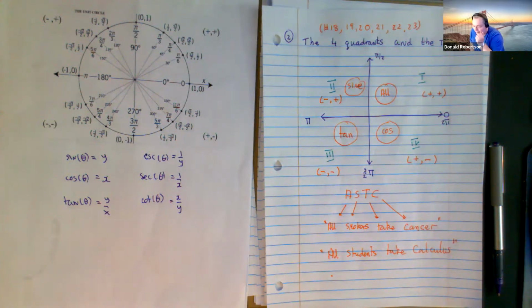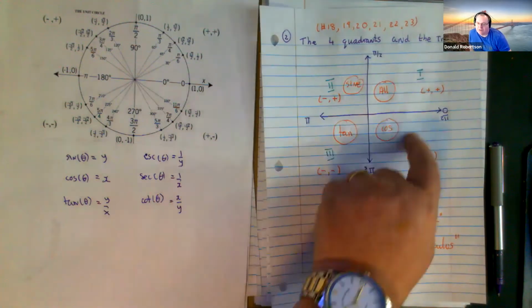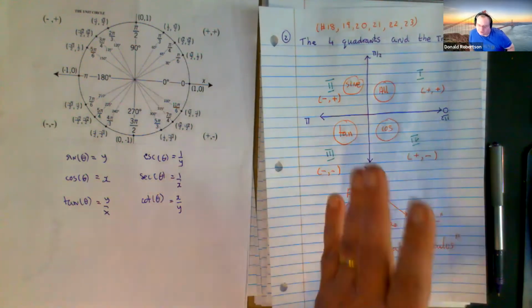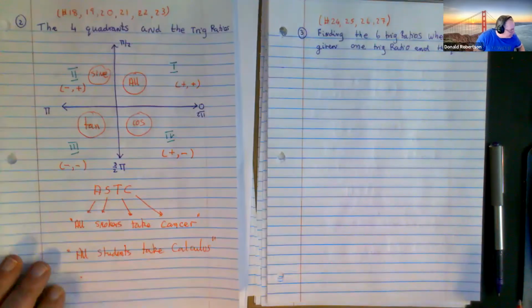I don't know if you haven't done that yet, but some of you have heard of the one, Sohcahtoa. Isn't that another one of those that helps you remember things? So all smokers take cancer, or all students take calculus, whatever one you want to do. But now we know all of this information essentially in one nice little tidy package.